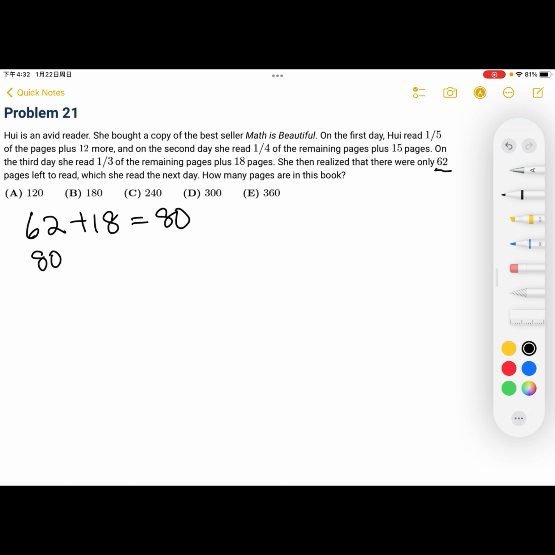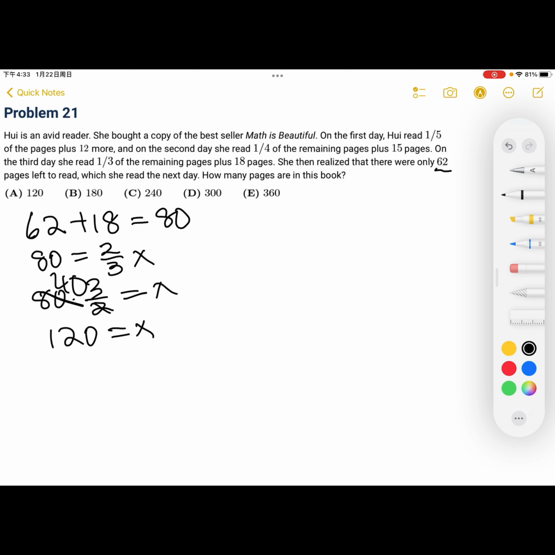And then we have that 80 pages is equal to 2/3 of the previous day's total because she read 1/3 and then had 80 pages. So we can multiply by the reciprocal, 80 times 3/2 to get day 2's total. Reducing, we have that 120 is equal to the previous day's total.